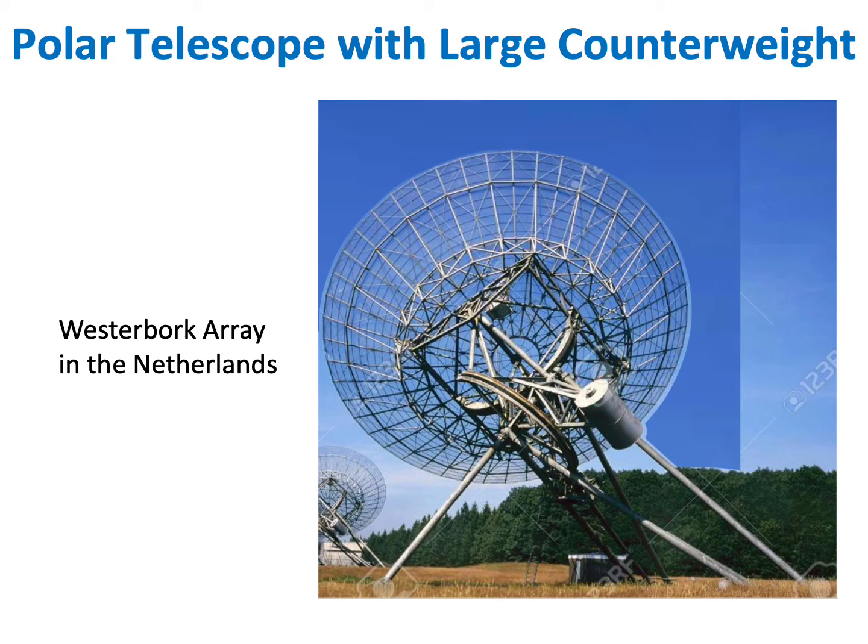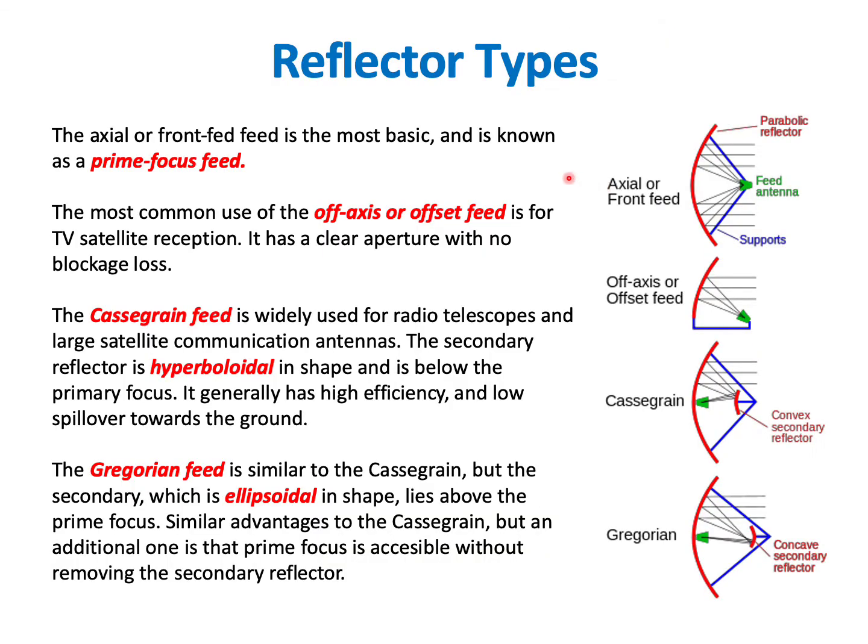Okay, so we've talked about the simple configuration where we have our main reflector and then a feed antenna at the prime focus. But there are other configurations we could use as well. We could have an off-axis feed where we have the support and the feed sort of bolted onto the side of our main reflector instead of over the center of it.